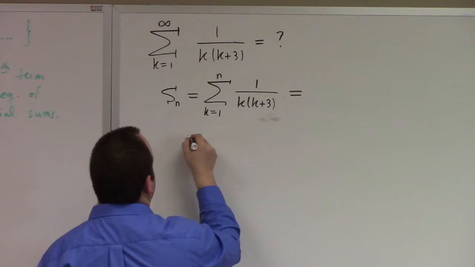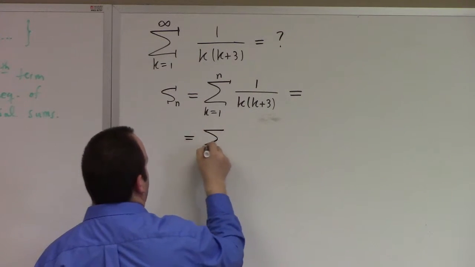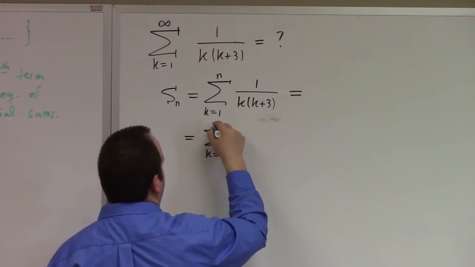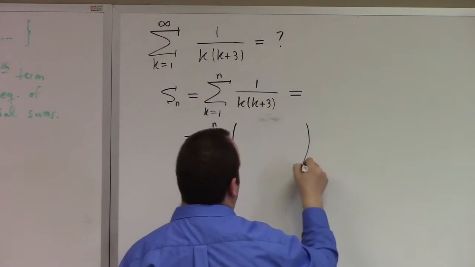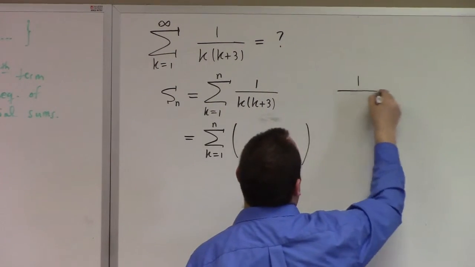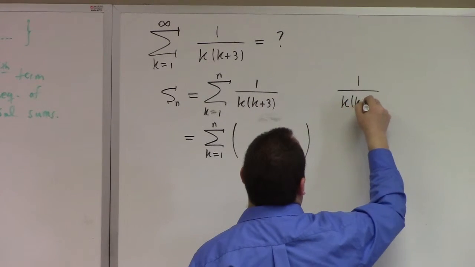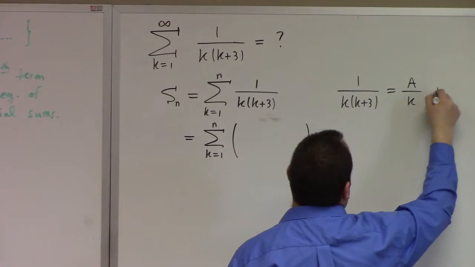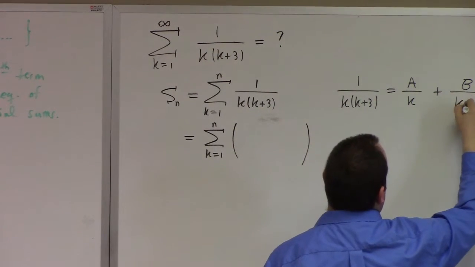Before I start doing anything, I want to do some algebra. Can you guys help me out here? What kind of algebra do I want to do? How about this? 1 over k times k plus 3 is going to be equal to a over k plus b over k plus 3.